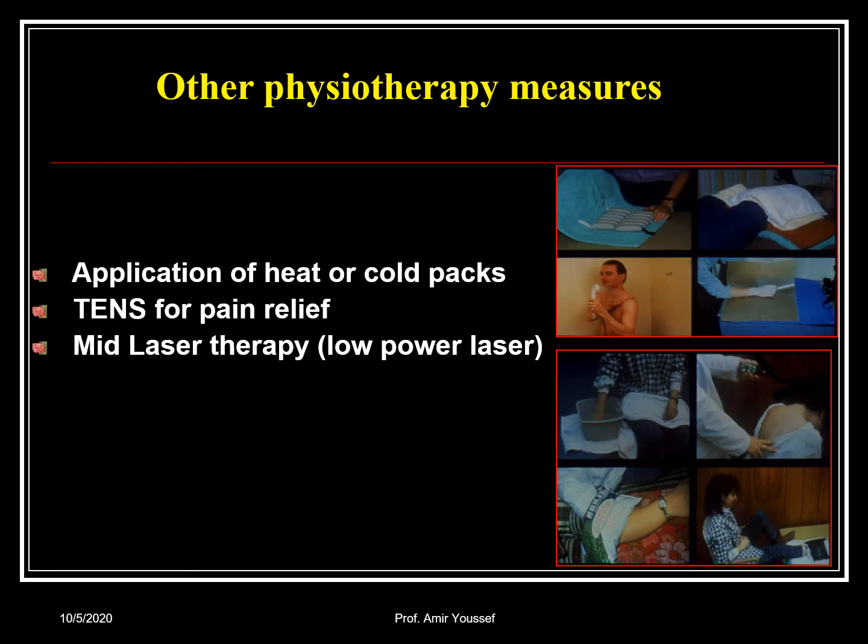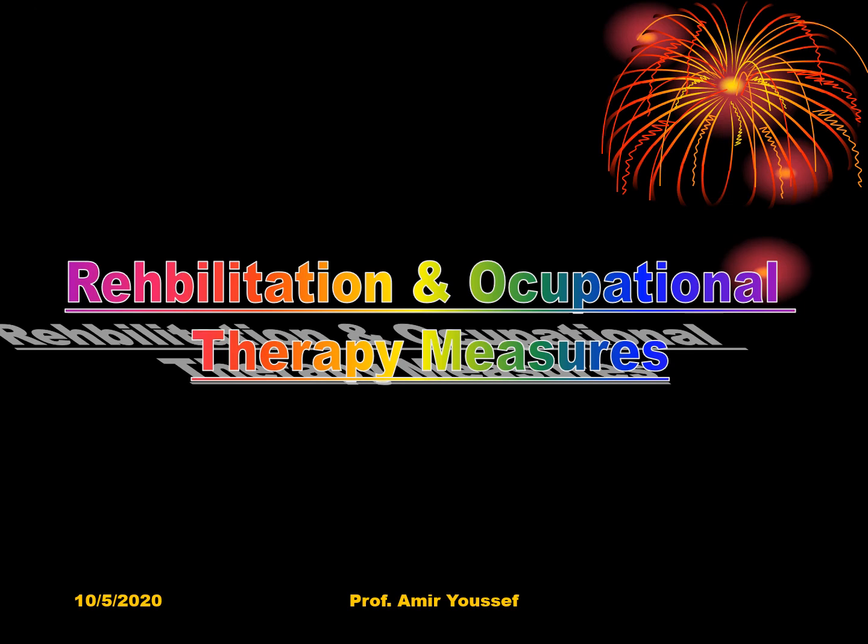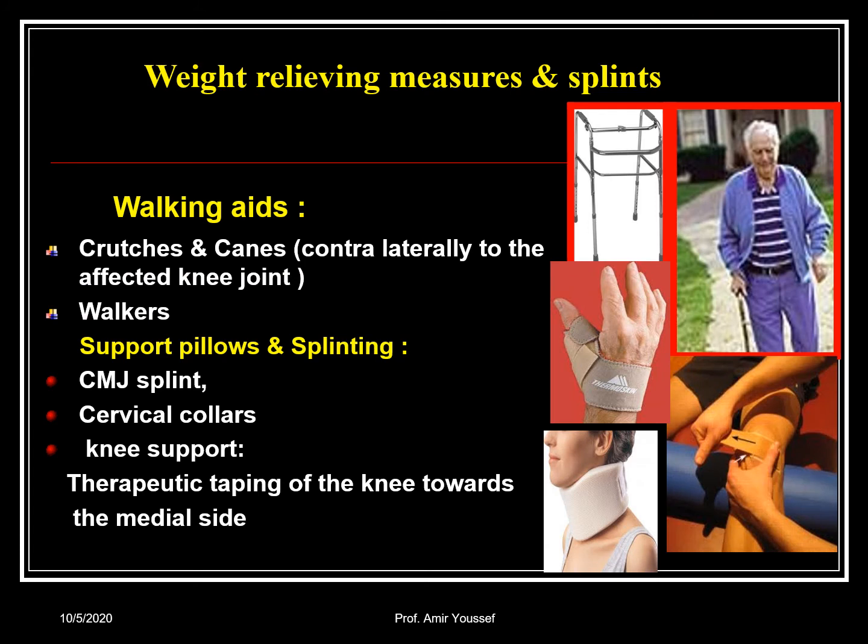Other physiotherapy measures include application of heat or cold packs, transcutaneous electrical nerve stimulation for pain relief, and mid-laser therapy or low-power laser. Rehabilitation and occupational therapy measures. Walking aids: crutches and canes used contralaterally to the affected knee joint, as you see here.